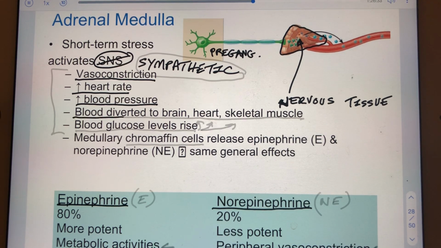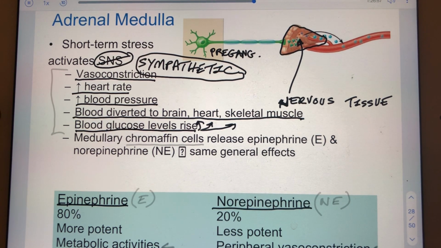They shunt blood to the brain, the heart, and skeletal muscle. I don't know about you, but I'm thinking fight or flight, which is not surprising. They cause blood glucose levels to rise because we're about to spend. Okay.